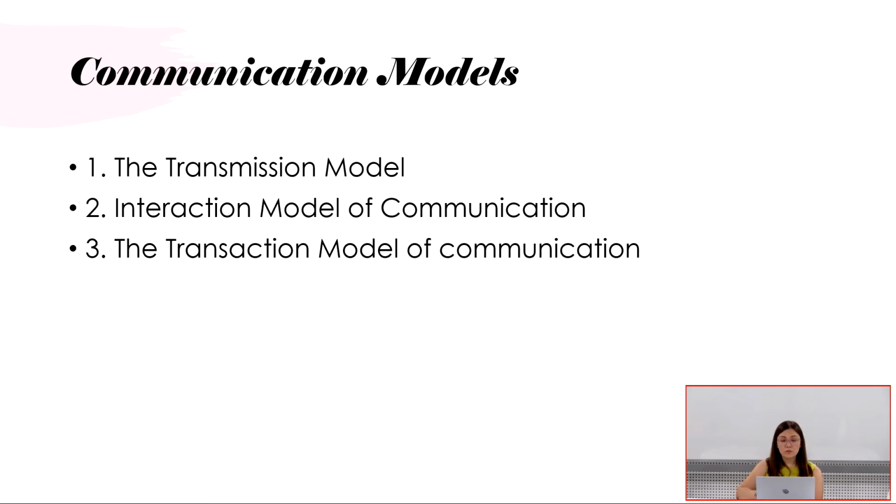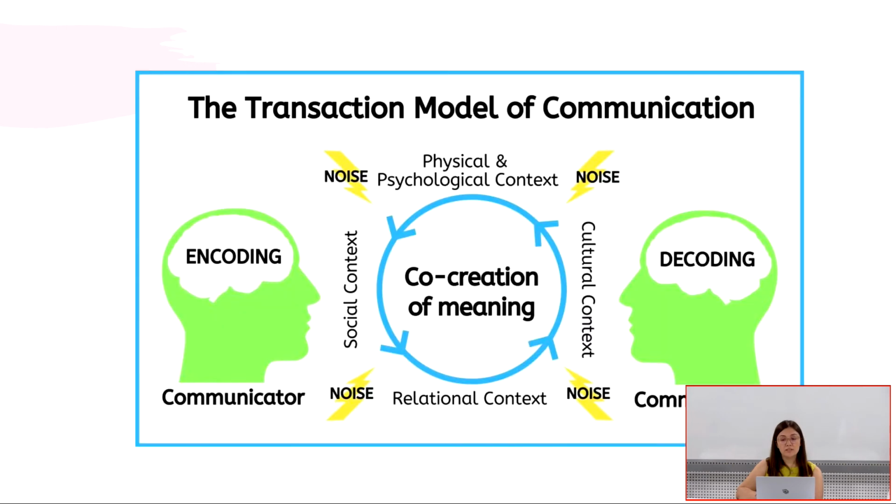It starts from the basic transmission model, and it gets more sophisticated as the other communication components are added. I want to explain the transaction model of communication here today, because it's the most sophisticated one, and it contains many more elements than the other ones. So I think it's better to understand how communication occurs.